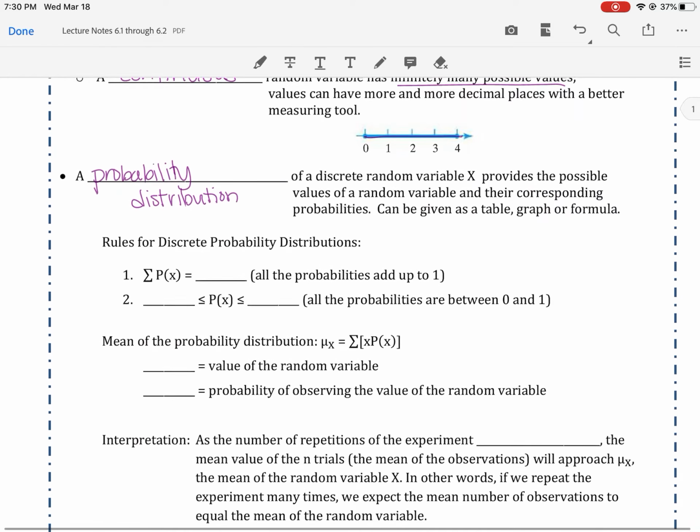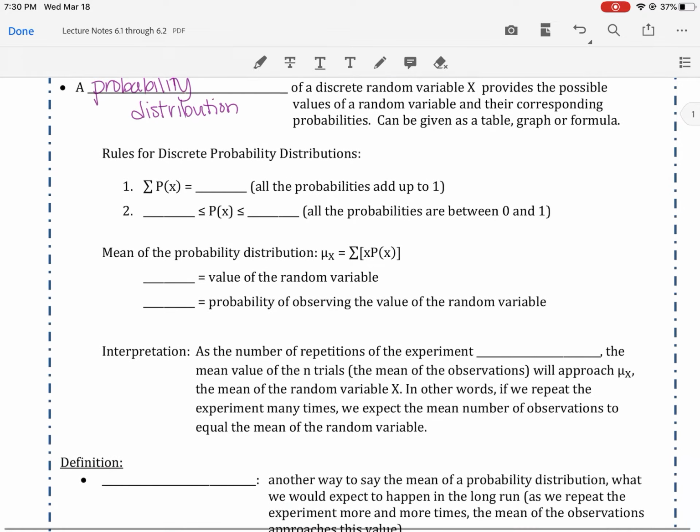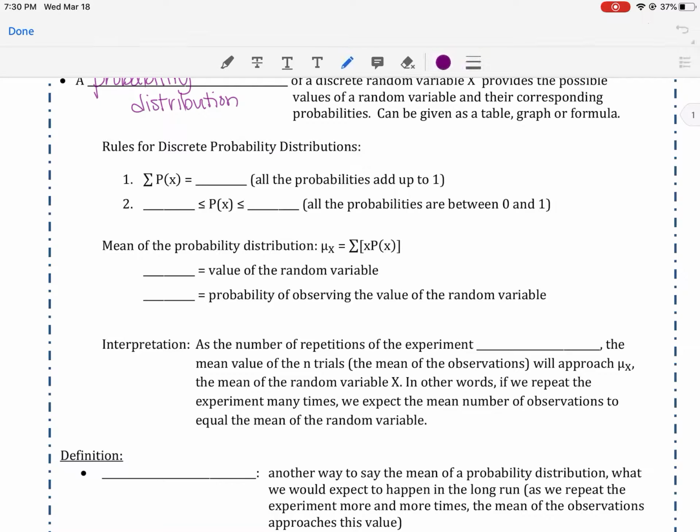Some reminders, which happen with any probability, whether discrete or not: the sum of all the probabilities has to add up to 1, and each individual probability should be between 0 and 1. If it's 0, it never happens, and if it's 1, it always happens.